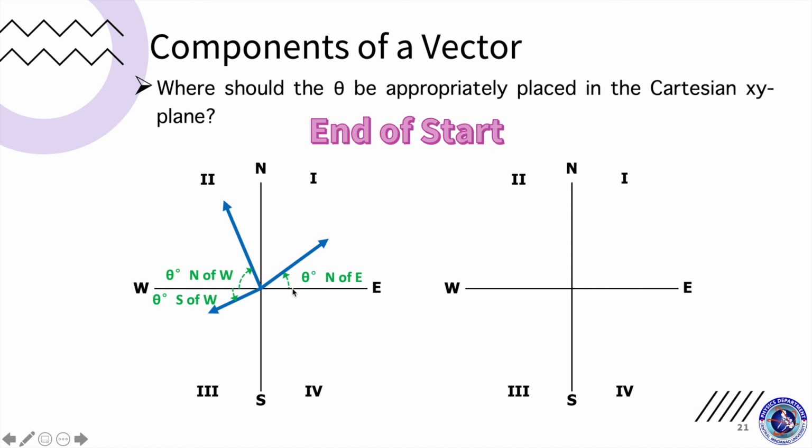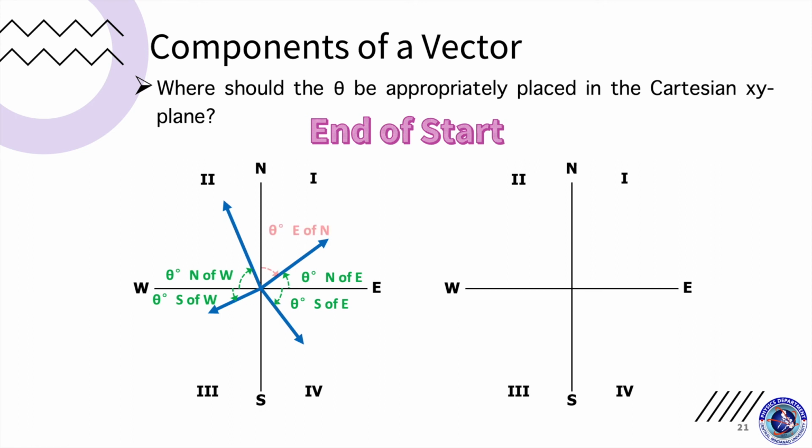It always starts from the major directions, these four. If you'll notice, look at the arrow, going here and then going there and there. So what if here? It's from east going south. So that would be south of east.